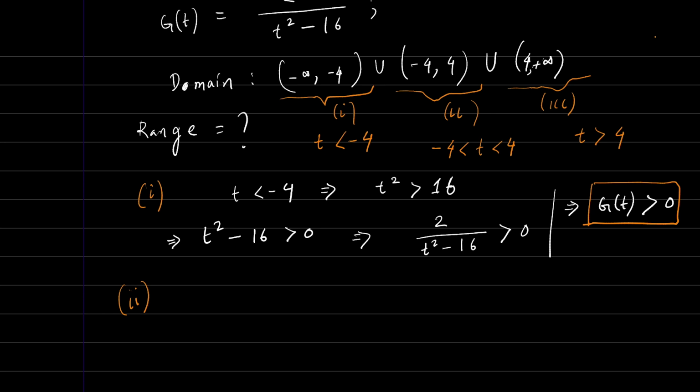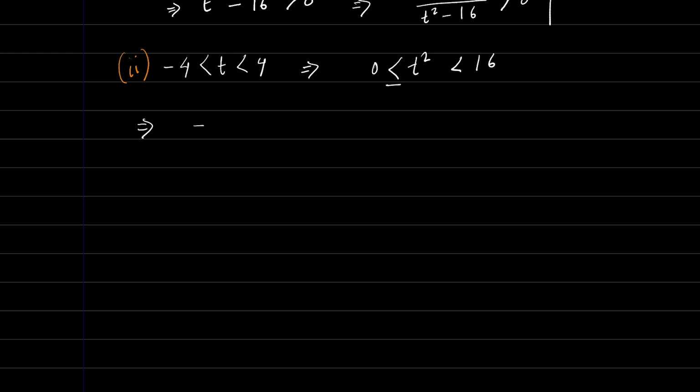For the second interval, t is in between -4 and +4. So t square would be less than 16, but t square cannot be negative, so it has to be greater than or equal to 0. It can be 0, so equals here. Subtracting 16 on both sides, we get t square minus 16 is greater than or equal to -16 and less than 0.